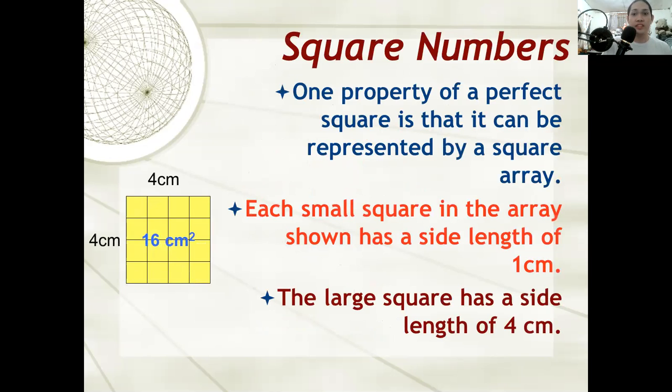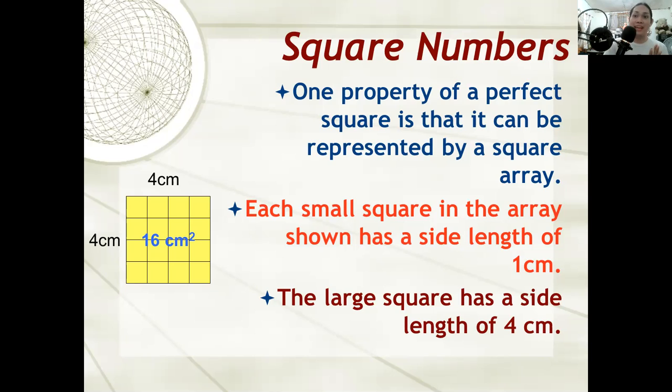When we say square numbers, one property of a perfect square is that it can be represented by a square array. Each small square in the array, as you can see on the left side of the illustration, has a side length of 1 centimeter.